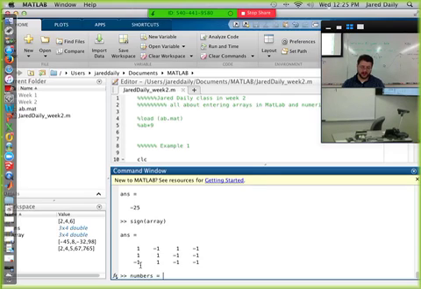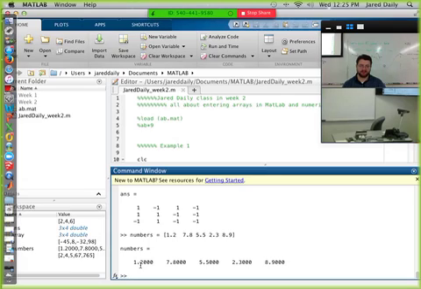Make my array. I'm going to have 1.2, 7.8, 5.5, 2.3, and 8.9.